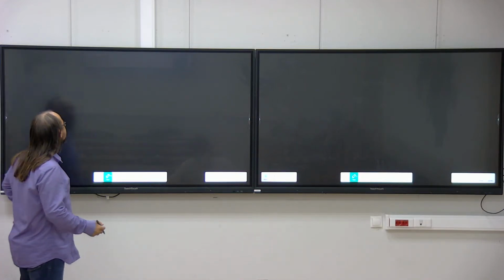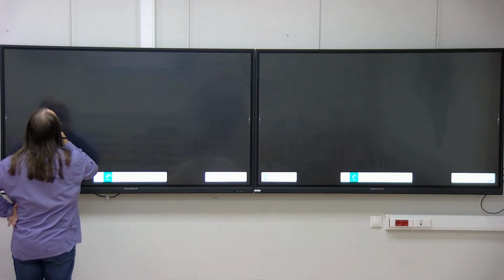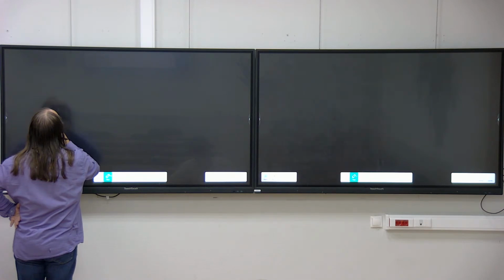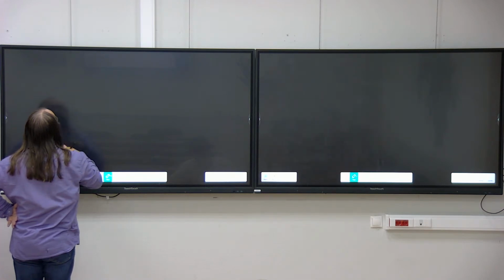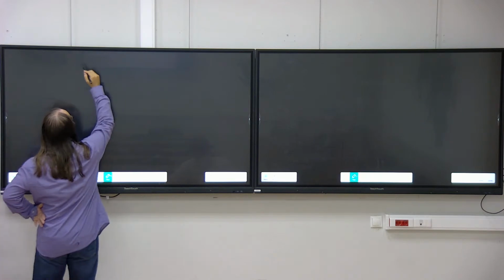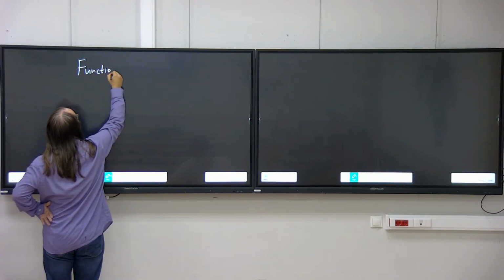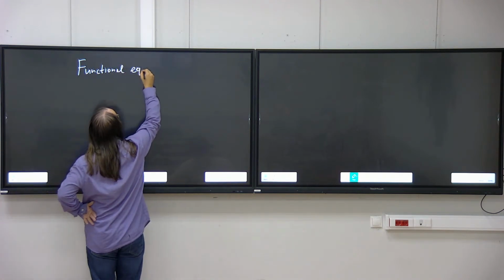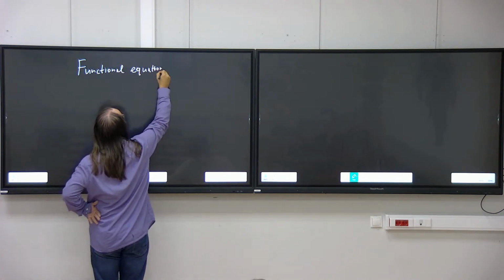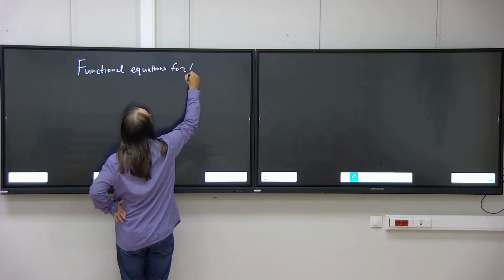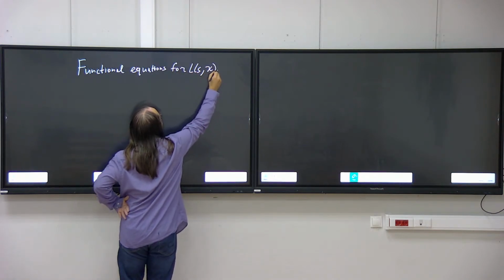Previously, we started to study L functions of Dirichlet characters, and today we are going to prove functional equations for L(s, chi).